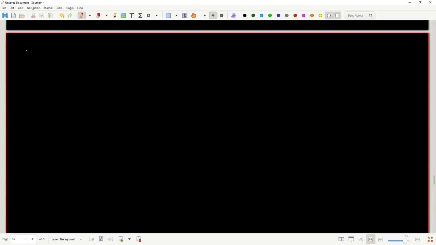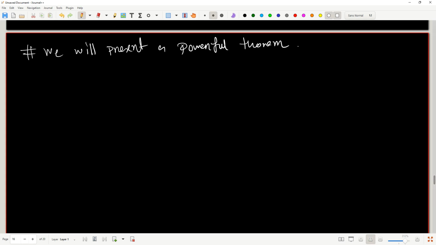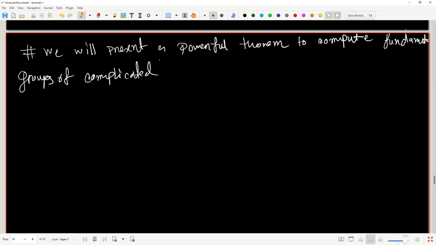What we will do is present a powerful theorem to compute fundamental groups of complicated spaces by using the results from simpler spaces.